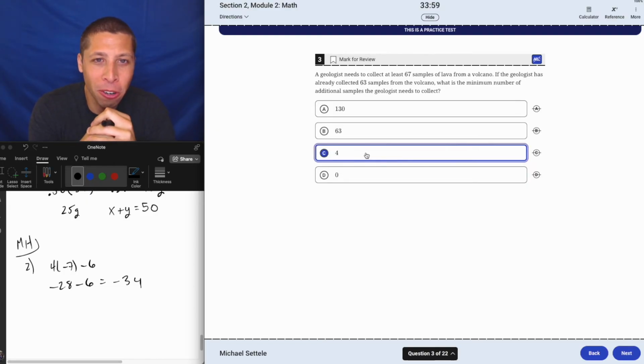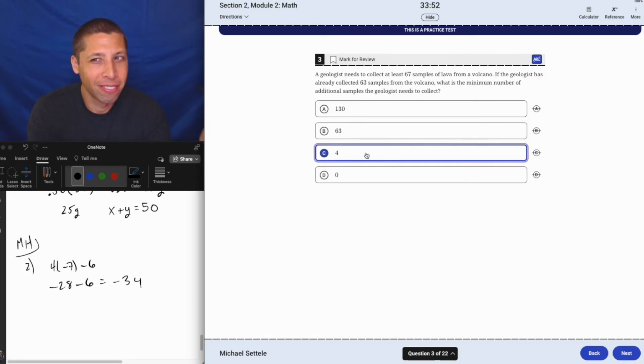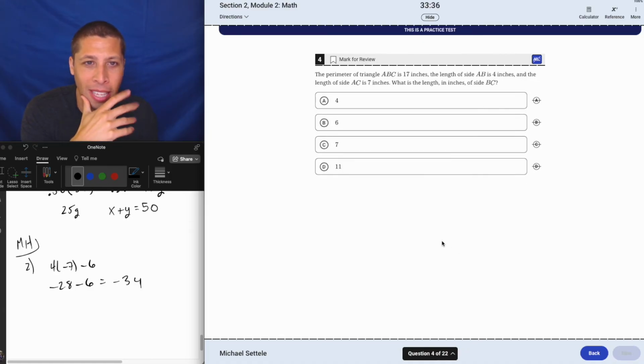If the geologist has already collected 63, 64, 65, 66, 67. What is the minimum number of additional samples? What other possible interpretation? If 5 was an answer, that would make sense to me, because then I'd be like, oh, some people are confused by how at least works. Good Lord, I don't even know what that's all about.